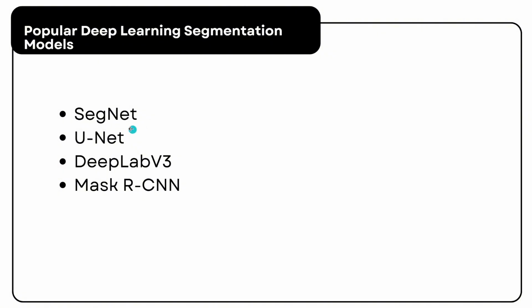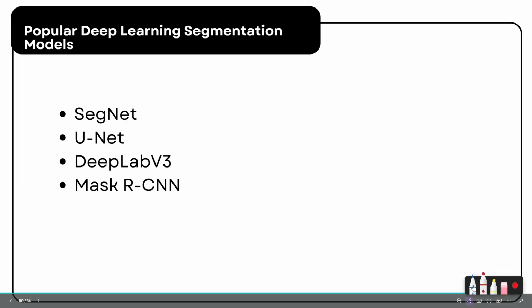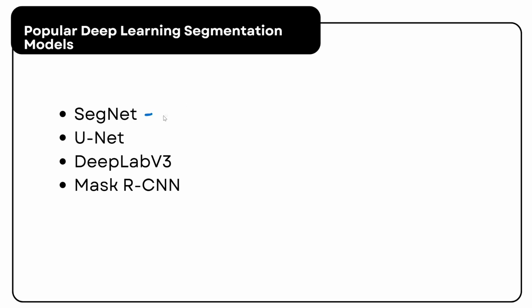So SegNet is one of the earliest encoder-decoder architectures, specifically designed for semantic segmentation.